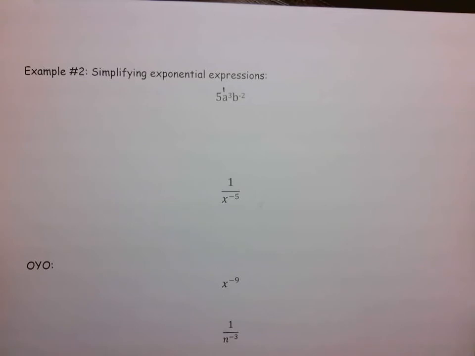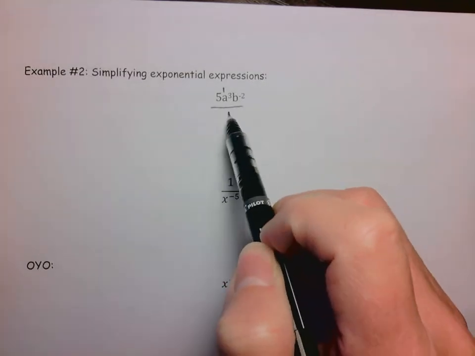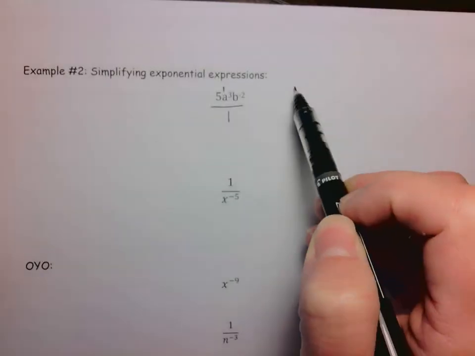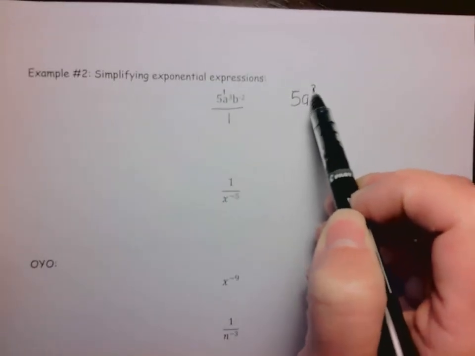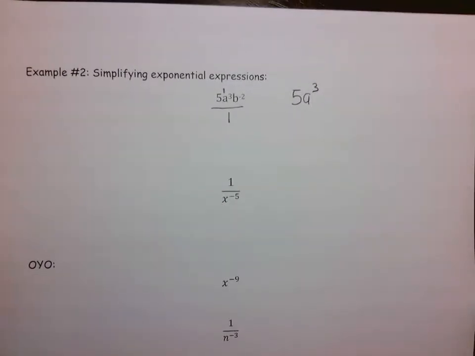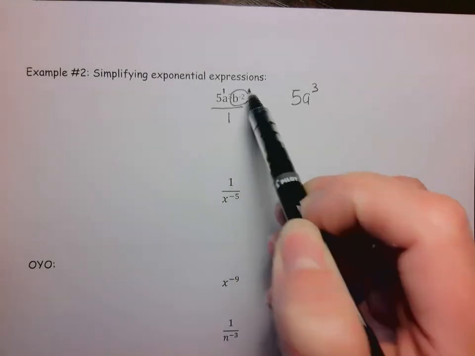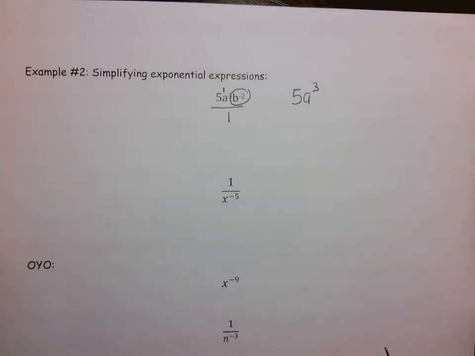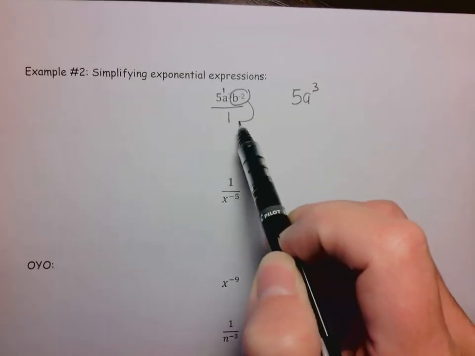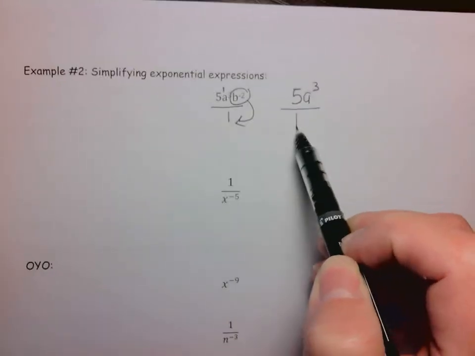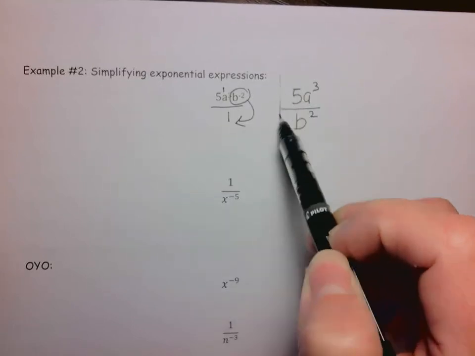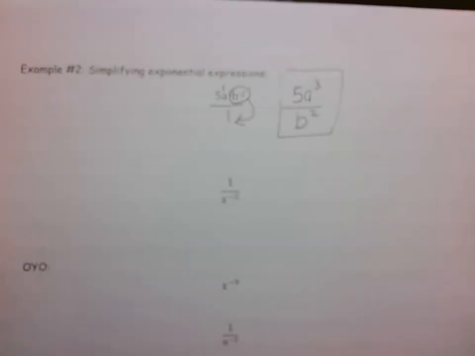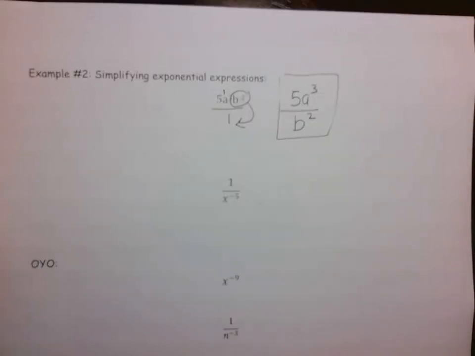My 5 and my a have positive exponents, so they can stay where they're at. Remember, this whole thing is over 1. So the 5 and the a to the third power can stay in the numerator. But look at this b to the negative second power. He needs to move, so we're going to put him down into the denominator, and then we're going to give him a positive exponent.